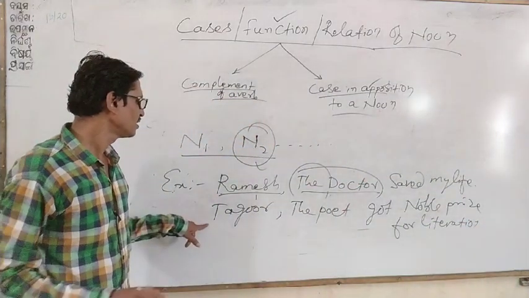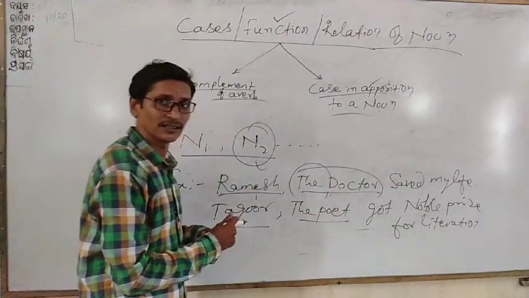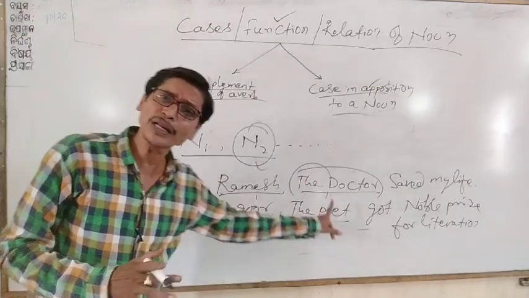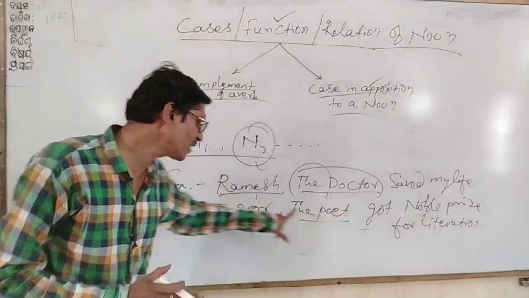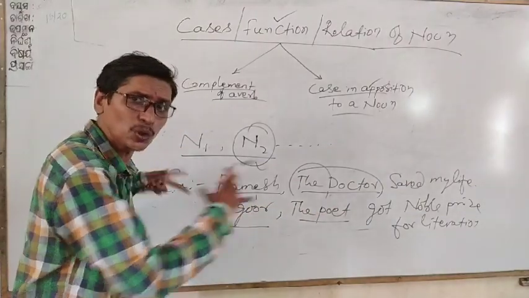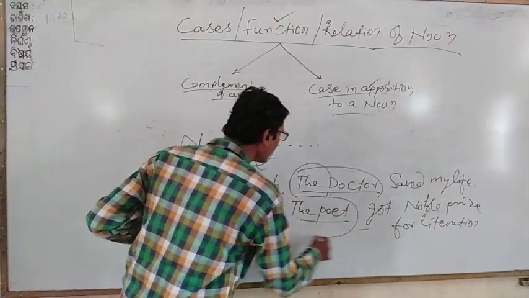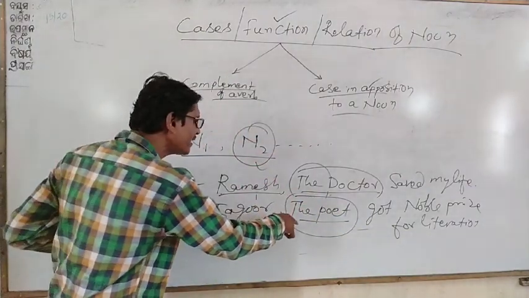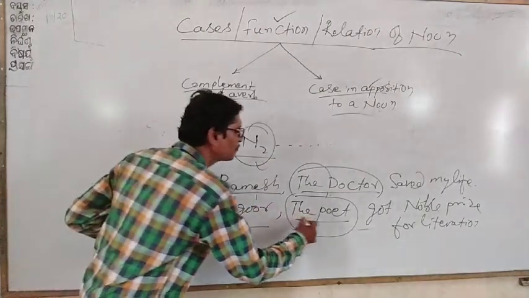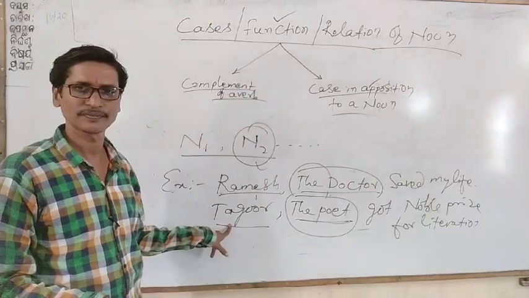Here, Tagore, the poet, both are the same person. Rabindranath Tagore is the poet. We are talking about the same person using two nouns. Here, when we are talking about Tagore, we are talking about the poet. Here, the poet is the same Tagore. Therefore, the poet is functioning as the case in apposition to a noun.